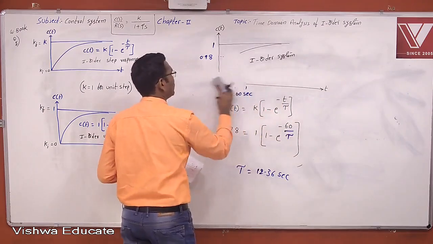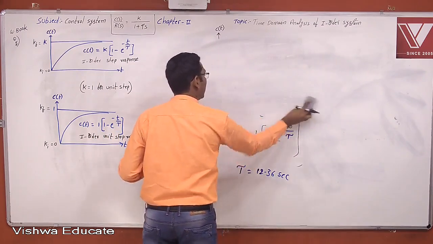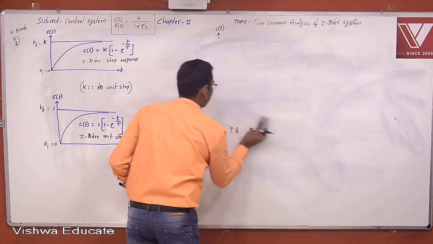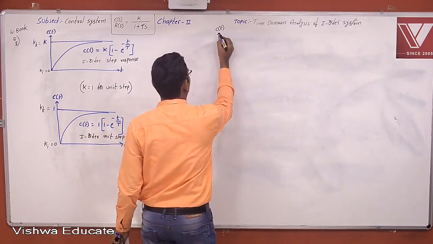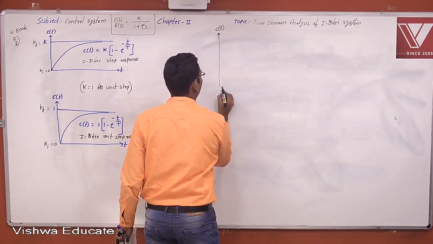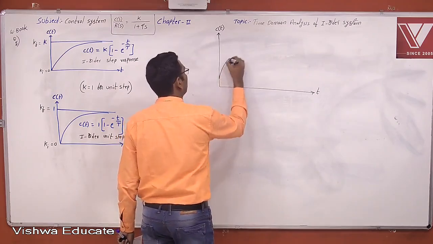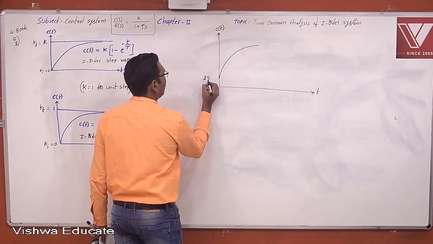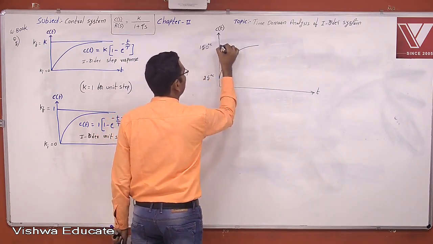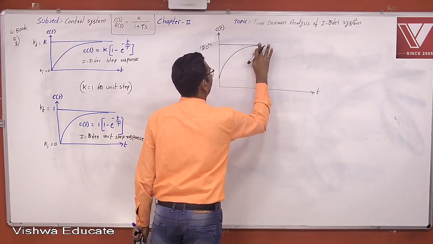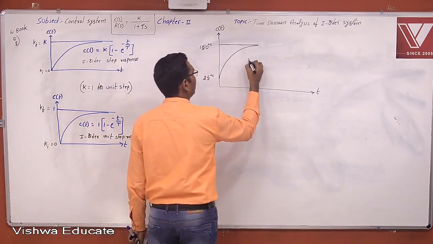In the question it is mentioned that a thermometer represents a first order system is subjected to a sudden temperature change from 25 degrees centigrade to 150 degrees centigrade.